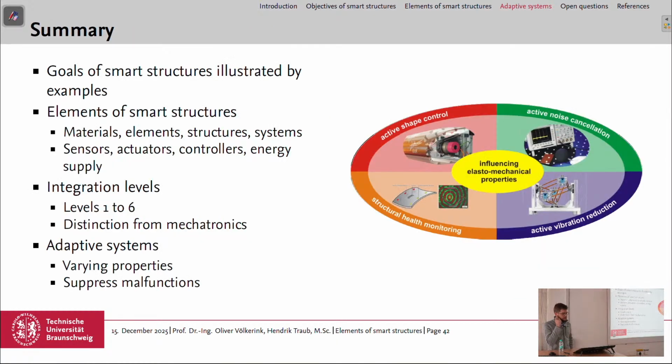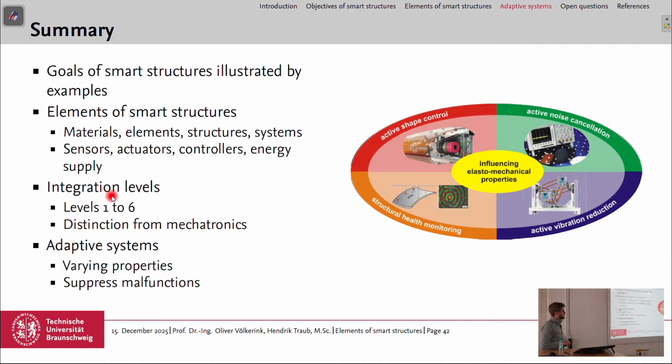Okay, so with this, I'm at a summary for this lecture. We saw the goals of smart structures illustrated by examples. Then we learned about the elements of smart structures, the name-giving elements of this GIAN course, which are materials, multifunctional materials. Then we have elements, structures, and the whole system, which is built from sensors, actuators, controllers, and energy supply.